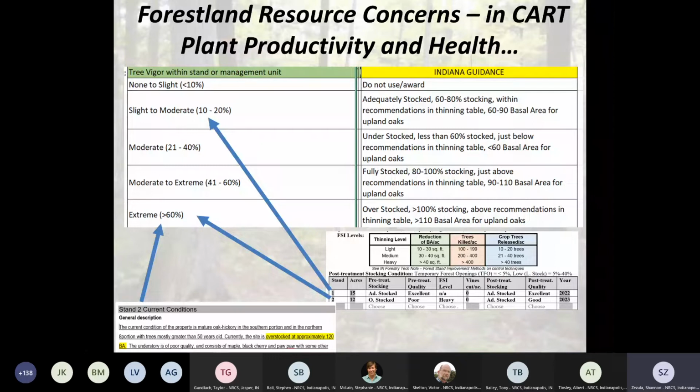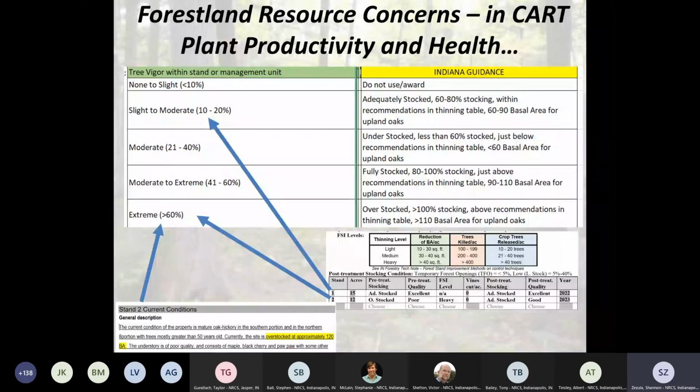So you may say slight to moderate on the left, click right for the stand number 1, extreme on stand number 2, and associate that with stand number 2. Okay. Hopefully fairly clear. Again, as you get into these and it's not comfortable, reach out to your RMS and Dan Shaver, and we'll walk you through this process and make sure we get you assessed in the right way.